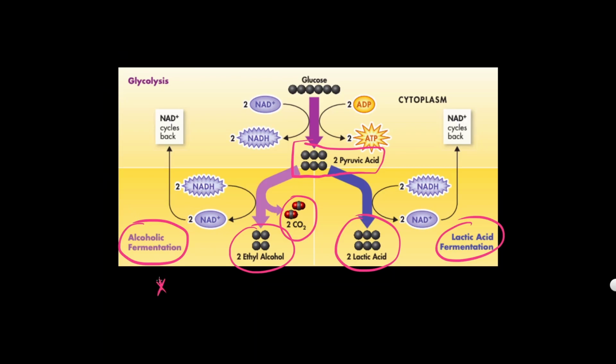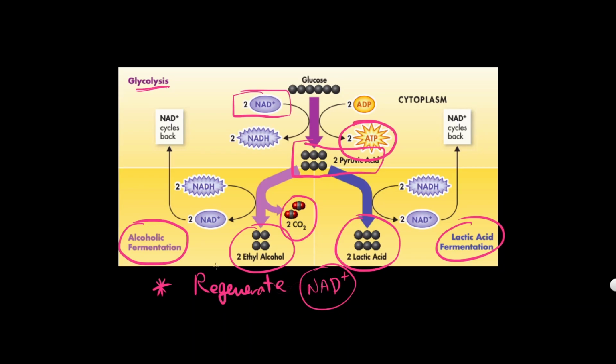Fermentation's purpose is to regenerate NAD plus. That's important for glycolysis. You see how NAD plus is needed so that glycolysis can go, so that you can make ATP. That's why the cells go through fermentation if there's no oxygen available.